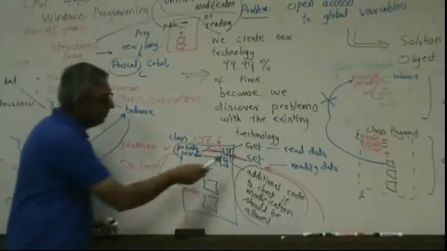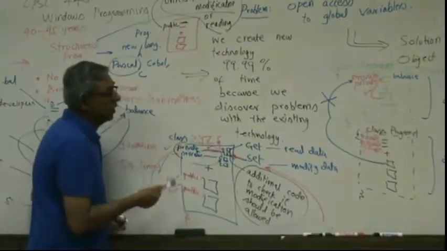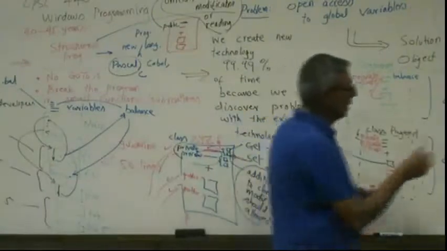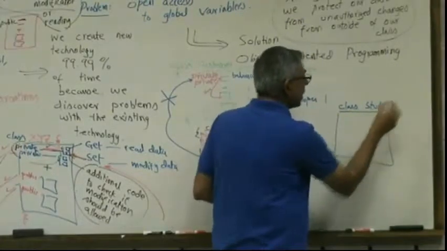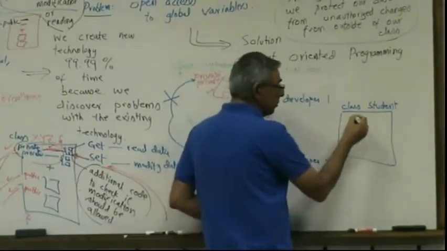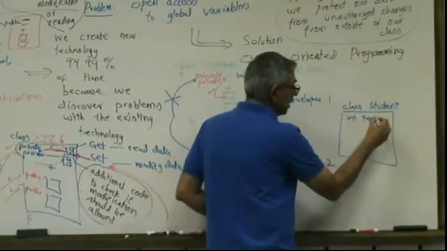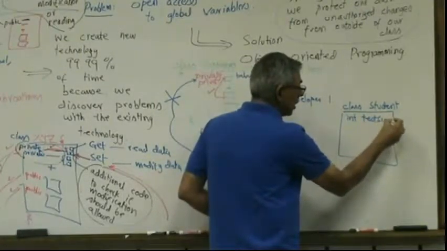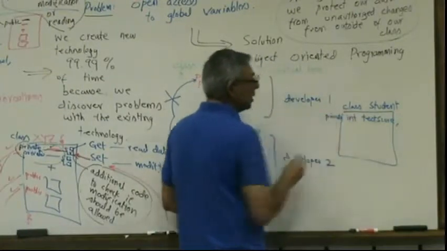Or even if we do not require any authorization, let me give you a simple example. Suppose you have a class called student. In the student class, one of the fields you declared is int test score. And you put a private keyword over here.